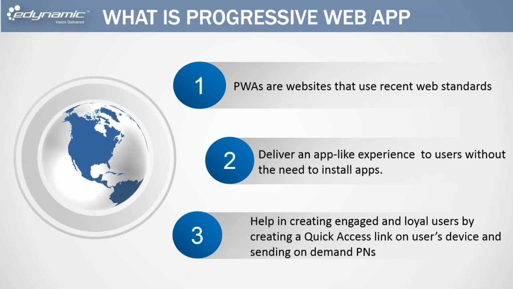When we talk exclusively about progressive web apps, the main feature we get is more engaged users. The first feature is that the user can add a quick link to their home screen. Secondly, we can send them on-demand push notifications. There are two kinds of push notifications.